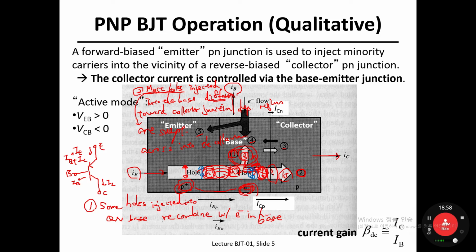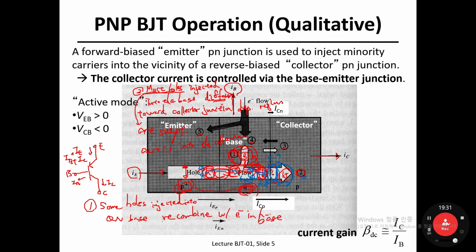So most holes injected into this base region can diffuse toward the collector junction, and they are swept across the depletion layer because there is a built-in electric field in this depletion layer, and in the end they reach the collector here.